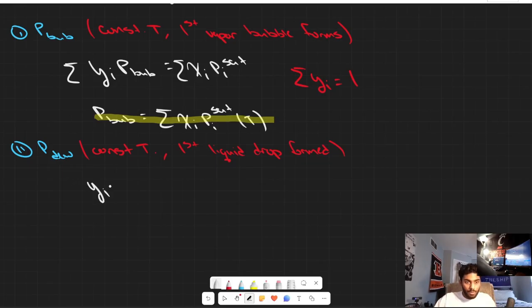So let me rewrite. So now we are looking at finding the dew pressure, right? y_i P is equal to x_i P_i saturation. Now we don't know what our liquid mole fractions are. So what we'll end up doing is we'll send our saturation pressure over to the other side.